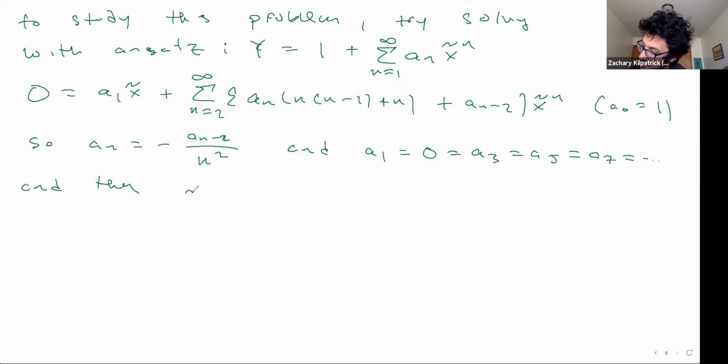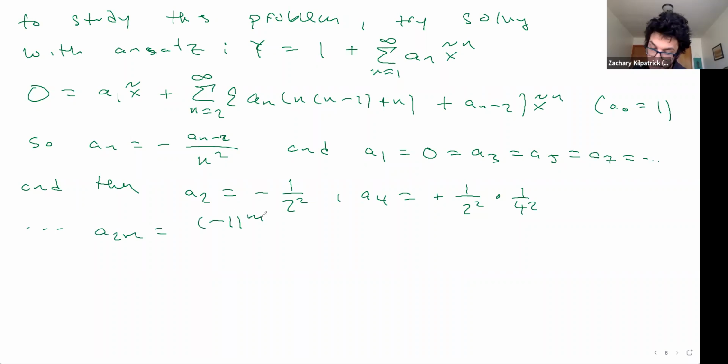Then we have that a2 is equal to minus 1 over 2 squared, a4 is equal to plus 1 over 2 squared times 1 over 4 squared. And in general, a_{2m} is equal to minus 1 to the m divided by 2 to the 2m times m factorial squared.